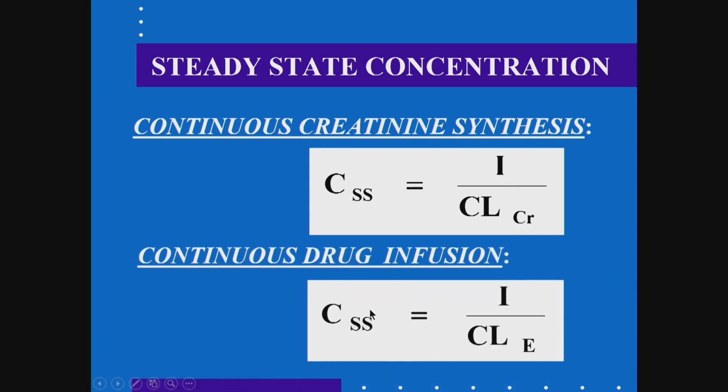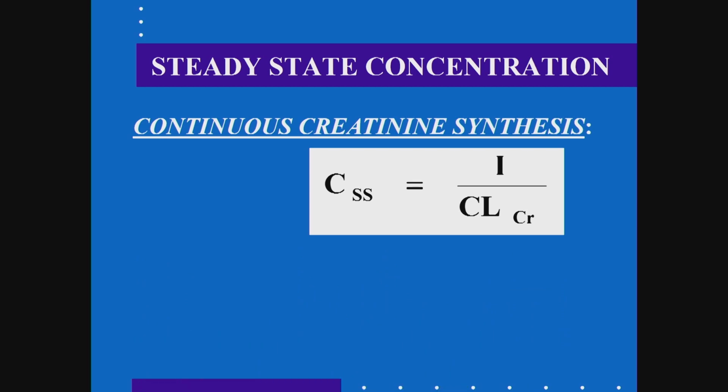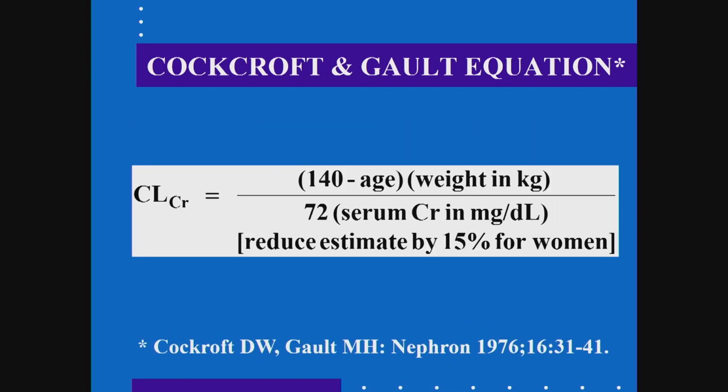And if you think about a drug that is being given continuously, say by intravenous infusion, the steady state concentration is going to be equal to the infusion rate over the elimination clearance for that drug. So again, one of the most useful equations for you to keep in mind in addressing what are the determinants of the steady state concentration of the drug.